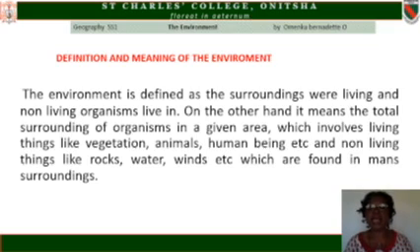On the other hand, it means the total surrounding of organisms in a given area, which involves living things like vegetation, which will include trees of different kinds and grasses, animals, human beings, etc., and non-living things like rocks, water, winds, etc., which are found in man's surroundings.